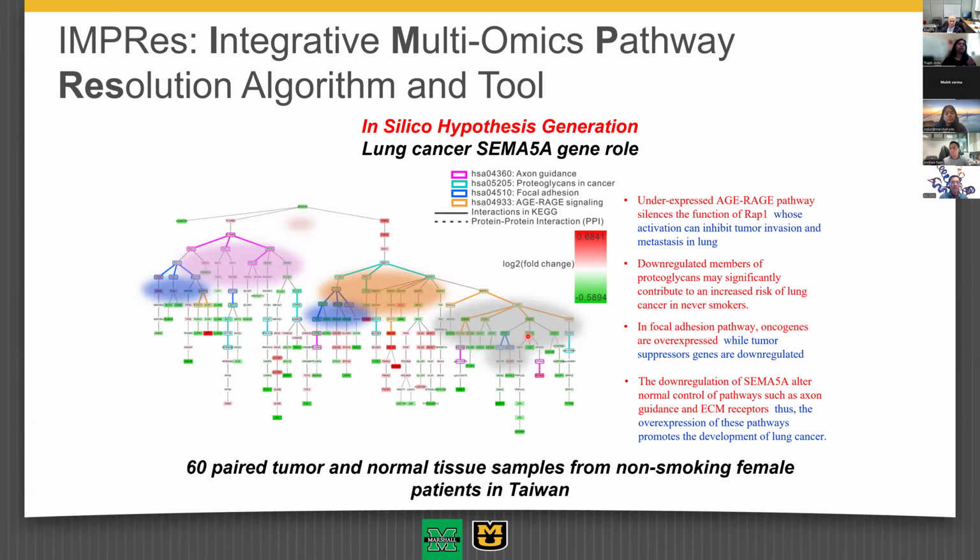So when we applied this to a 60-pair tumor and normal sample from Taiwan for non-smoking females who were getting lung cancer, our focus was on why are they getting lung cancer, right? It's very common in smokers, but these are non-smoker females. What is happening at the molecular level that can explain what's going on? And that is where you see these bubbles that I have color coded over here. They're pointing to these 5 different pathways which had a significant enrichment.